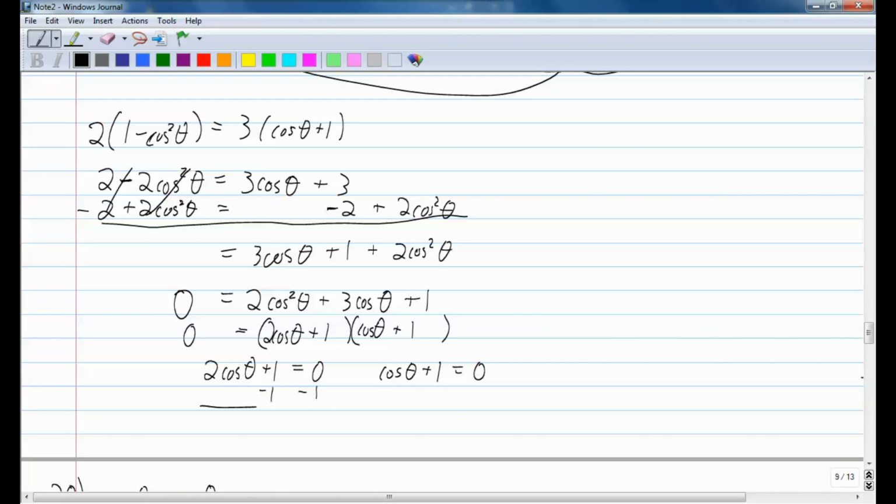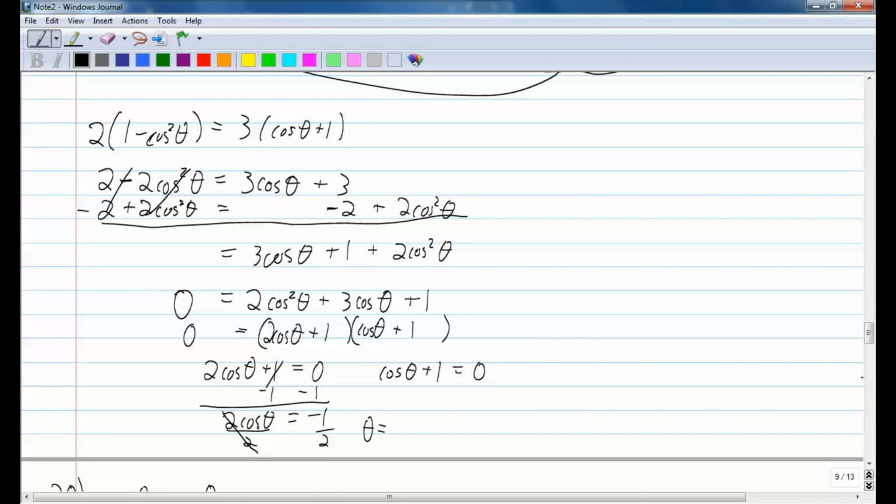Alright, and so solve for cosine in both equations. So we have 2 cosine theta equals negative 1. Divide both sides by 2. So our first equation is cosine theta equals negative 1/2. The two places that would give you a negative 1/2 are the angle measures from the second and third quadrants. The one from the first quadrant, where cosine will be a positive 1/2, the reference angle, is pi over 3.